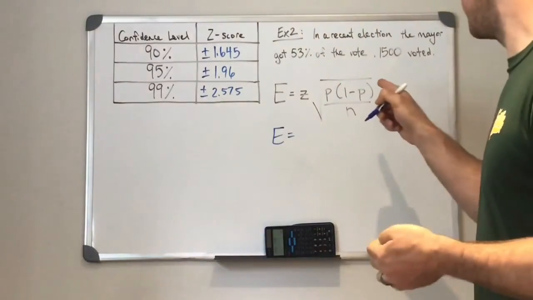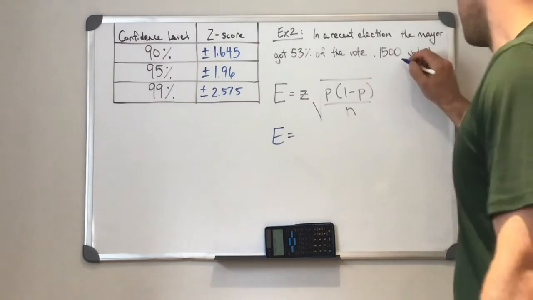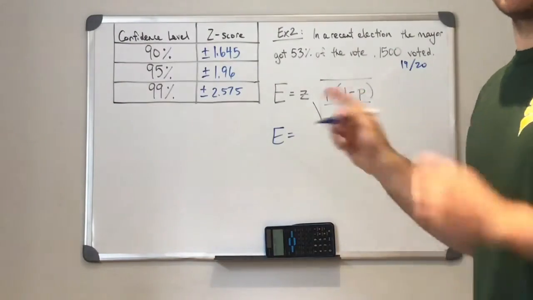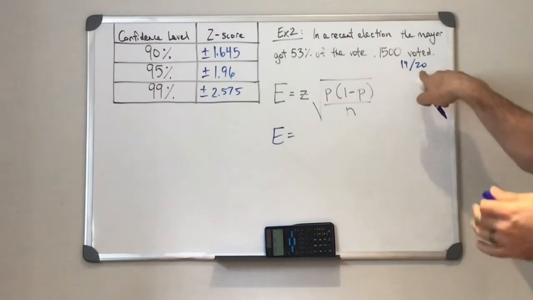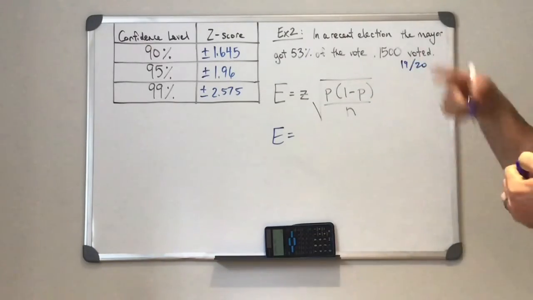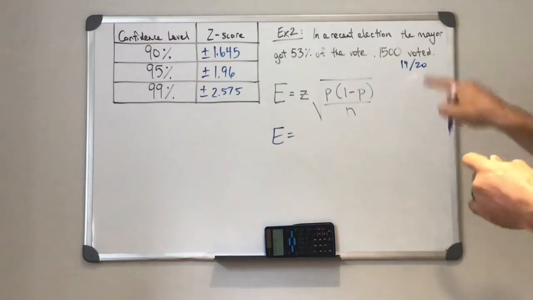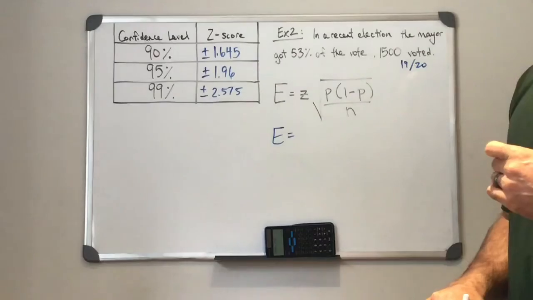So this one, if I remember correctly, I think it also mentioned something about 19 out of 20 times. I will have to look back at it. But it mentioned either something that happened 19 out of 20 times, or it might have mentioned 95% in the question as well. I probably should have written that down. But it was talking about this z-score.